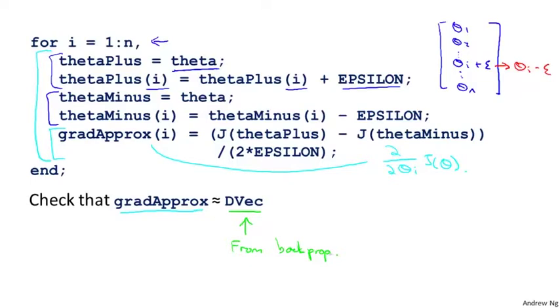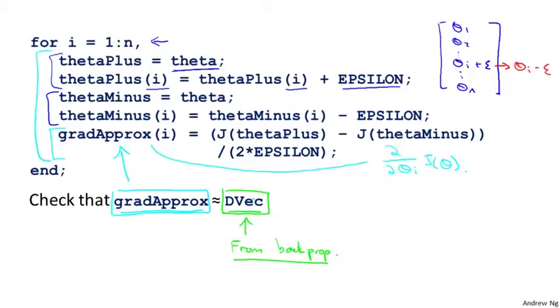And what I usually do is then take my numerically computed derivative, that is this gradApprox that we just had from up here, and make sure that it is approximately equal, up to small values of numerical round off, to the DVec that I got from backprop. And if these two ways of computing the derivative give me the same answer, or at least very similar answers, up to a few decimal places, then I'm much more confident that my implementation of backprop is correct.